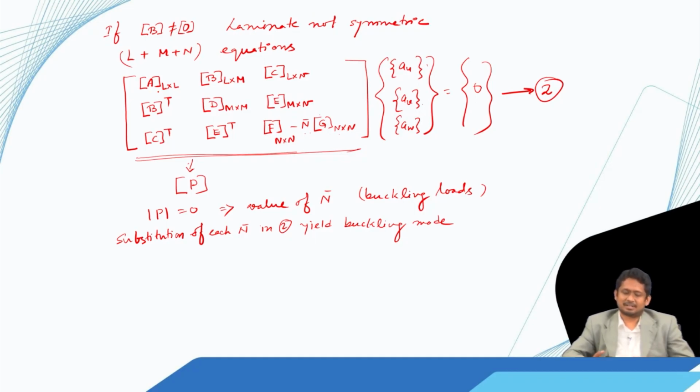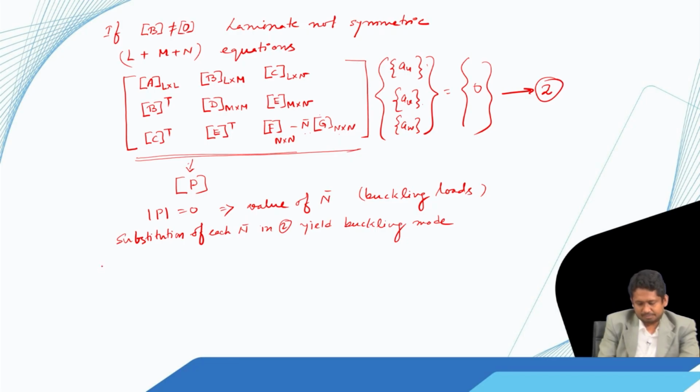Similarly, Dij becomes 0 when i and j are not equal, and likewise Bij and Cij become 0. Then each of these equations becomes uncoupled. So, for each i, instead of getting a matrix, I get a 3 by 3 equation, and so I can find each buckling mode separately in an uncoupled way. But if they are coupled, I have to have this L plus M plus N system and then solve it.